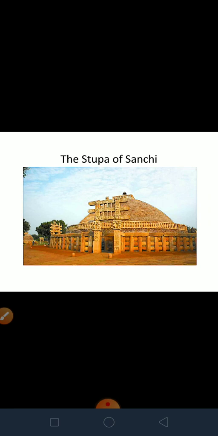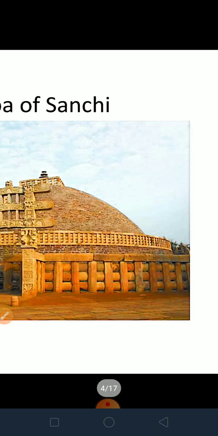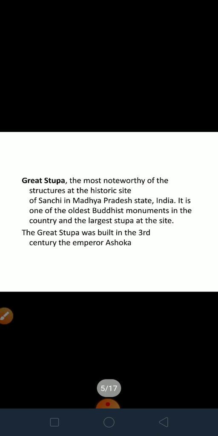First one is the Stupa of Sanchi, or the Sanchi Stupa. Here in the picture you can see this beautiful monument, isn't it? It's also called the Great Stupa. It's one of the very important structures which is the pride of India.